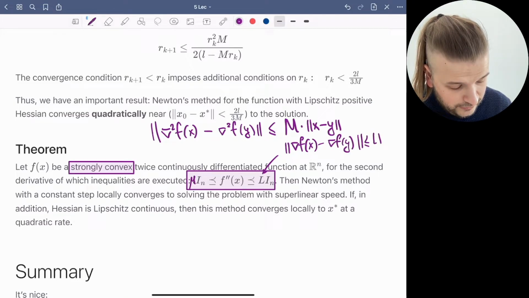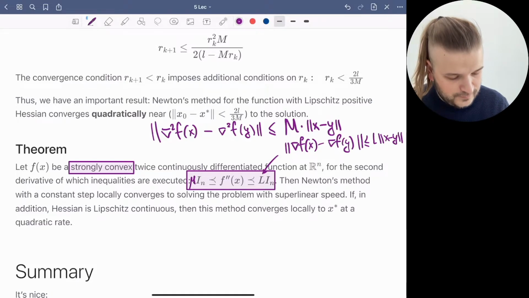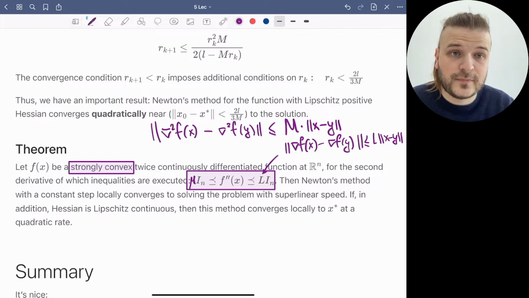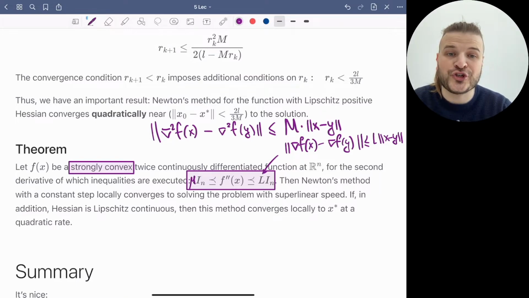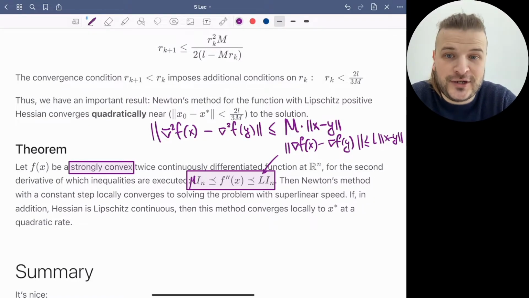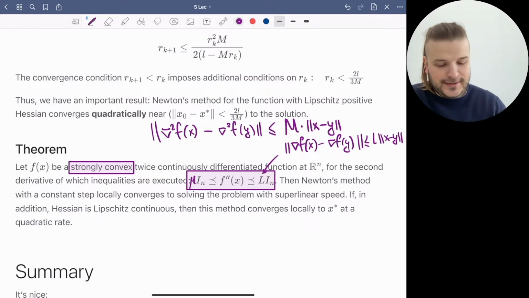If it is bounded by this, then the Newton method will converge quadratically, which is super fast, right?